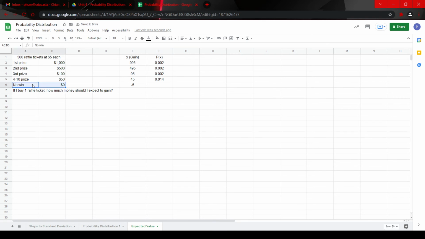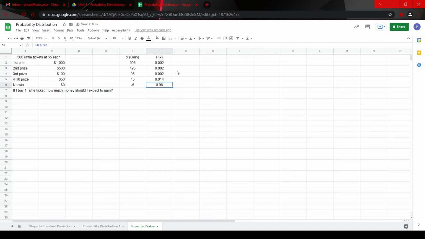And for the no wins, it would be the rest of the tickets, right? If there are 10 prizes, that means that there are 490 tickets that are not winning, right? So this would be equal to 490 divided by 500.